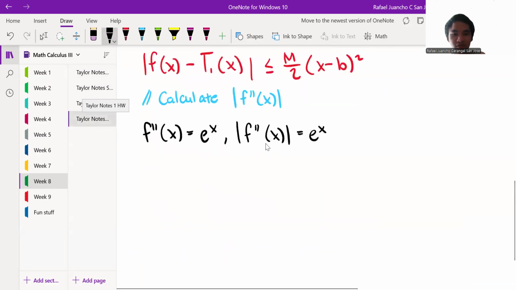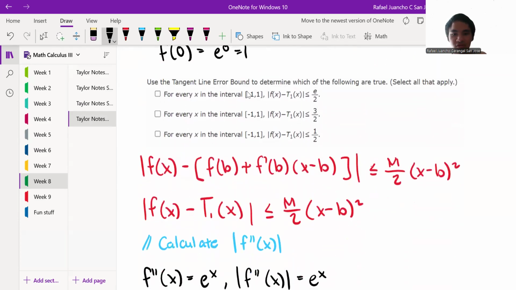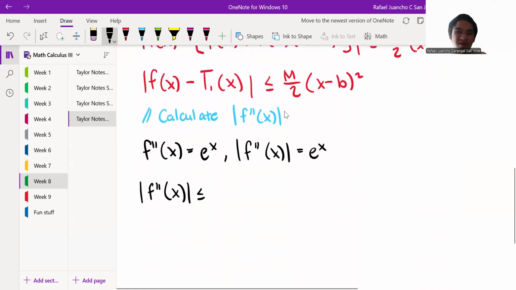And so I just plug in the interval here because I could. So if we plug in this -1 or 1, I don't think it matters too much. e to the 1, or e to the negative one. I don't think it matters.